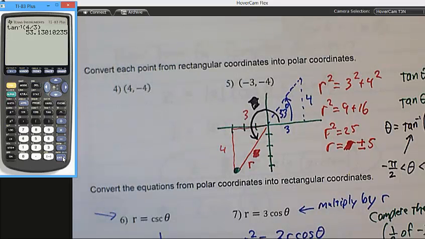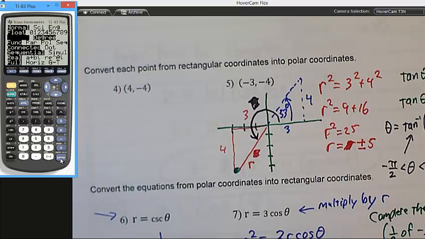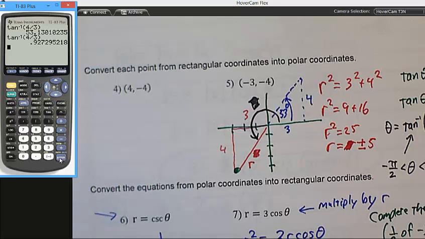Or if you were doing radians, I could do the same thing in radians. I'll change to radians, because usually when we use polar coordinates, we like radians. So let me do the same thing. Second enter. So 0.927 radians, right?